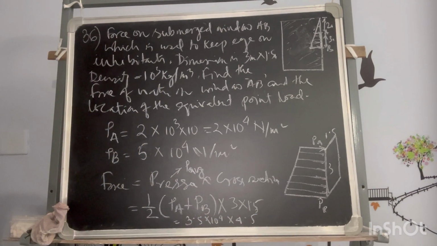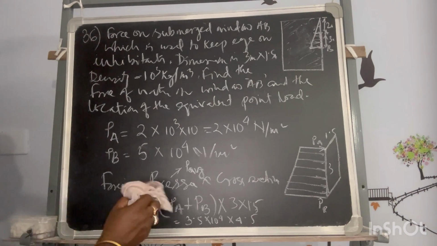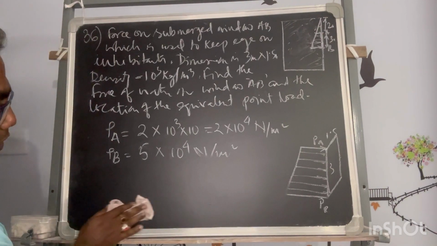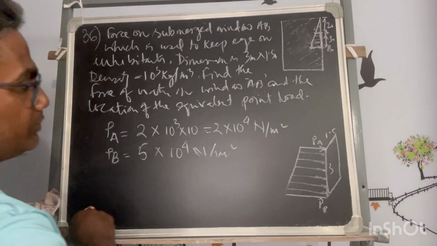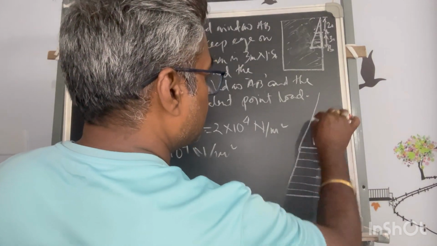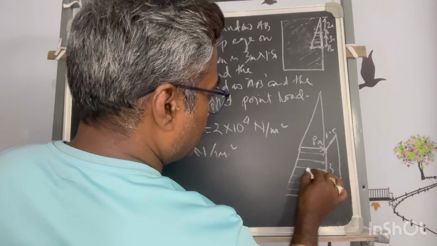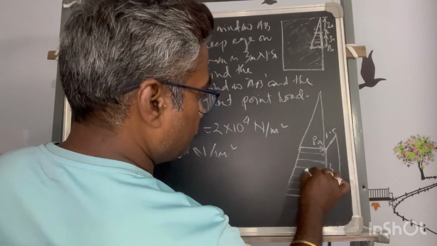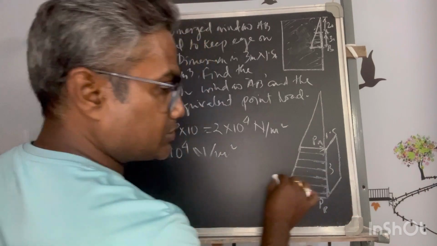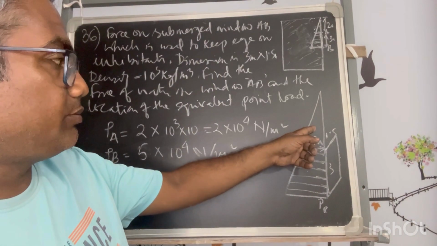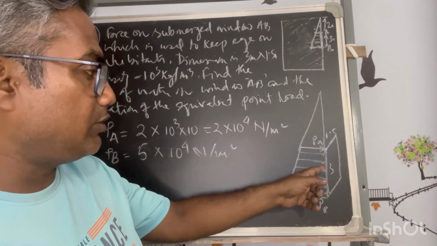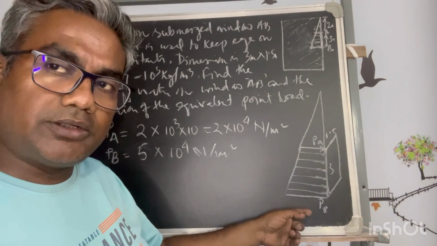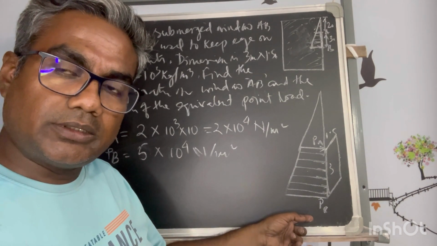You can calculate yourself. Now, if this force is acting as a point load somewhere, what would be the location? If I extend it, the point load will definitely be acting in this part, because it cannot be somewhere here, since that effect will not come on the glass, nor will it be below the window.